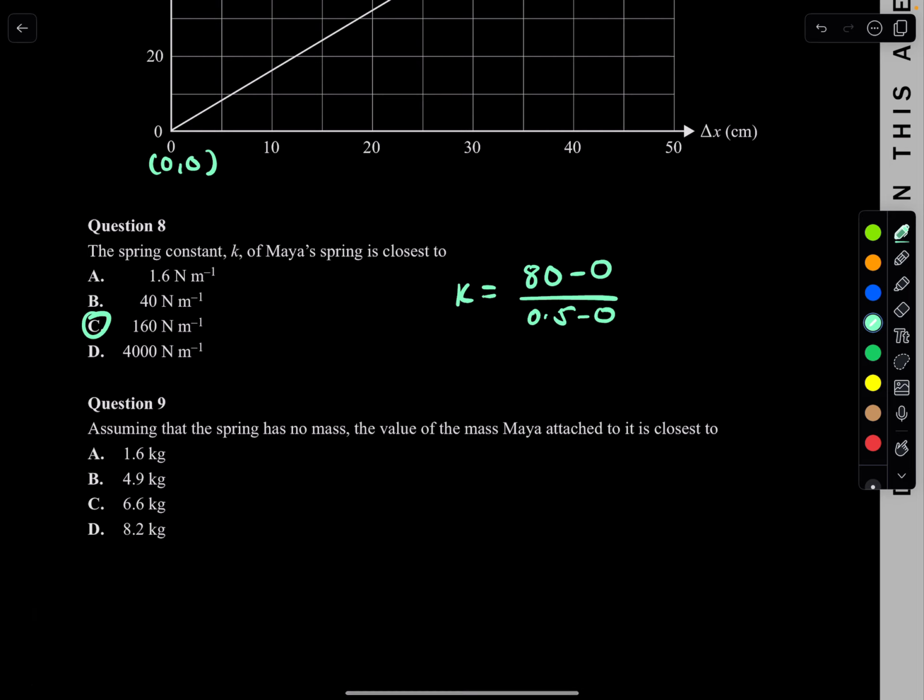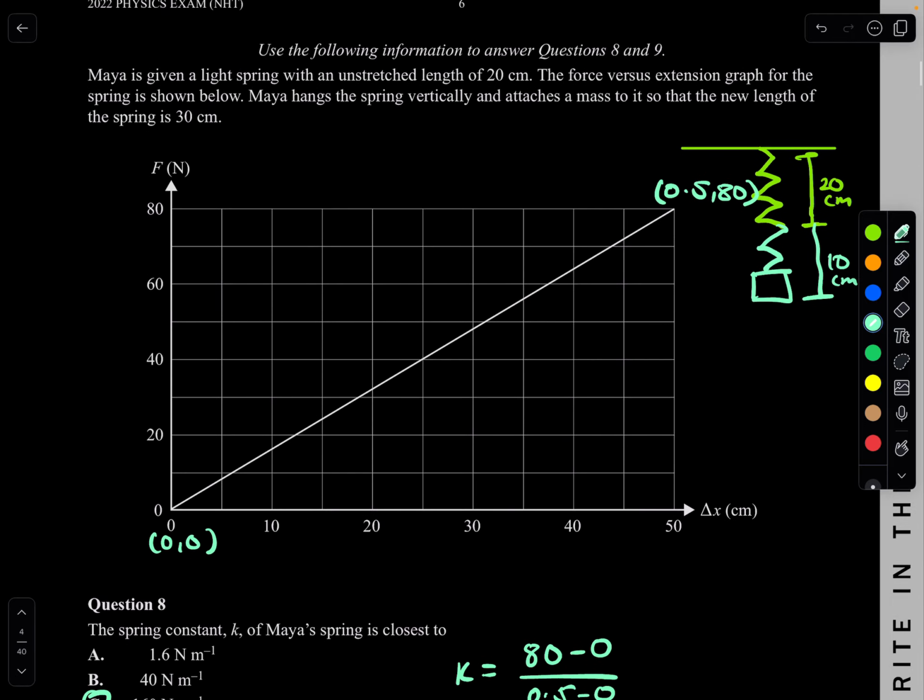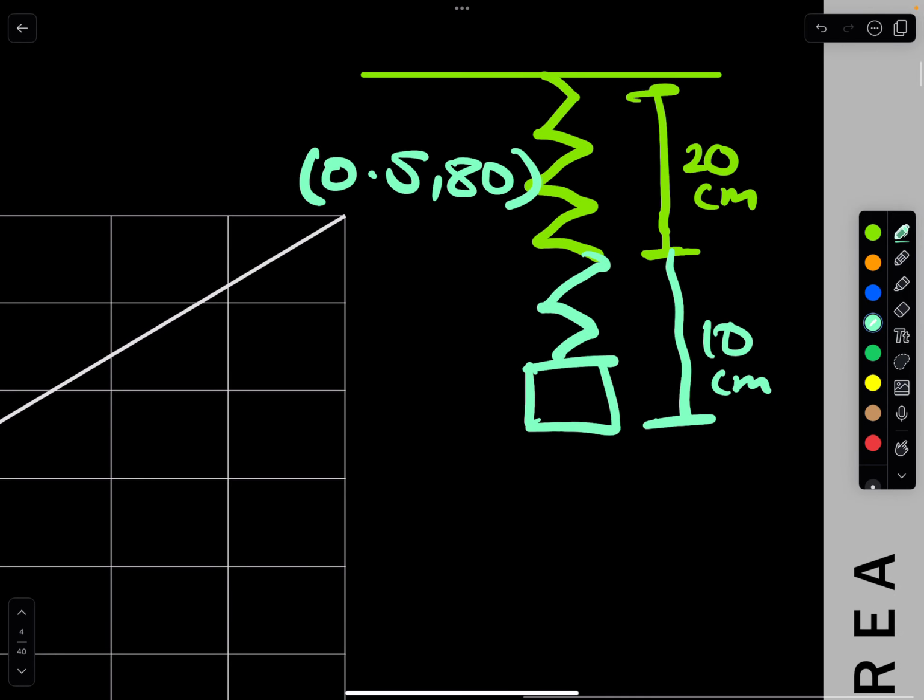Let's look at the next question. Question 9. Assuming that the spring has no mass, the value of the mass Maya attached to it is closest to what? All right. So when they've put that mass on, the spring is actually going to start to oscillate, but then it's going to come to its equilibrium position. And this equilibrium position is where the force of gravity, which is mg in this case, we don't know the mass, so we're just going to write mg, is going to be equal to the spring force, which is going to be acting upwards.